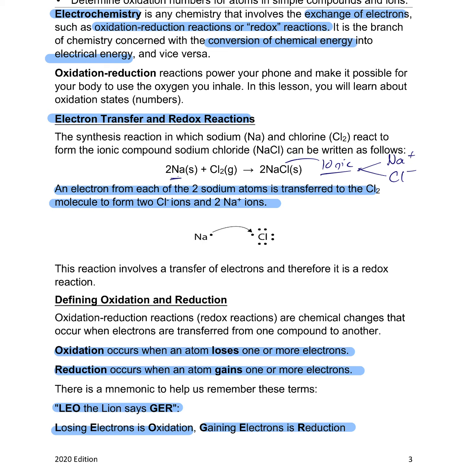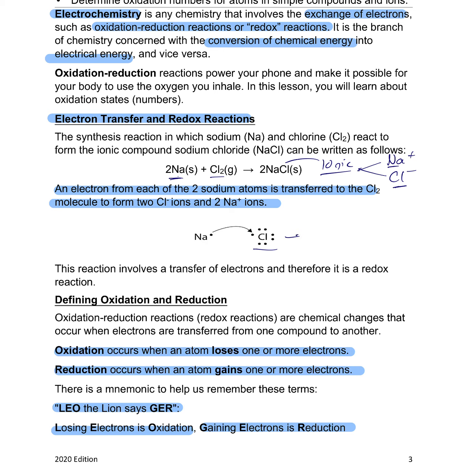Now prior to this, the sodium did not have a charge and the chlorine did not have a charge. They had the correct number of electrons to match the number of protons on those atoms. Now that ratio is different. Each of the sodium atoms has transferred one electron to the chlorine pair, and by transferring two electrons to that pair of chlorines, they no longer need to form a chemical bond, and they separate and form chloride ions.